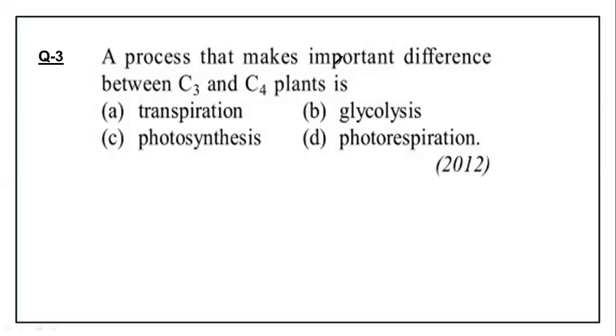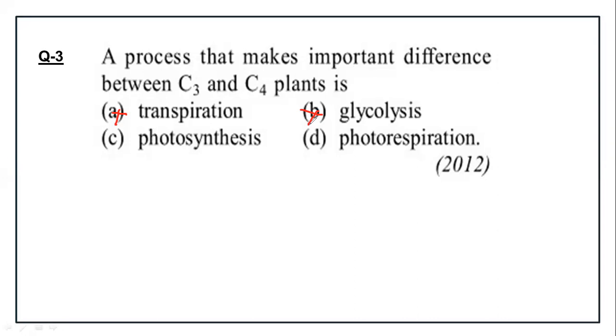Now next question: a process that makes the important difference between C3 and C4 plants. Is it respiration or transpiration? No, transpiration is not. You all know that in the C4 pathway, there is a major change in terms of photorespiration.